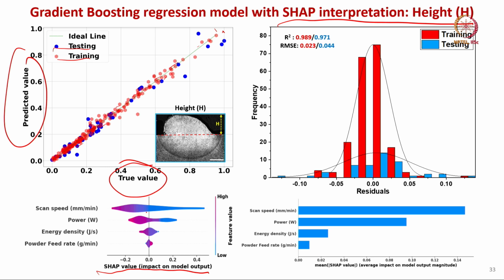You can see that scan speed has the maximum impact, with a mean SHAP value of 0.14, whereas power has a SHAP value of 0.10, energy density is 0.03 and powder feed rate is very less. So, scan speed has the maximum impact on the predicted output value.